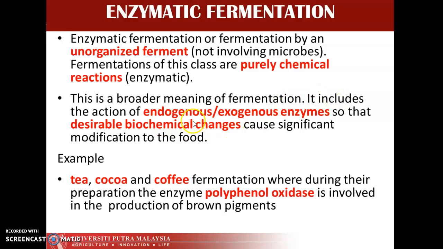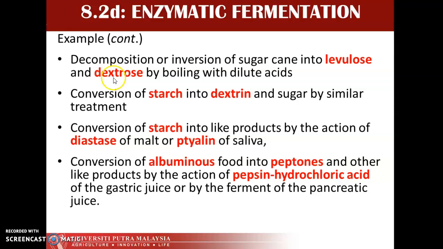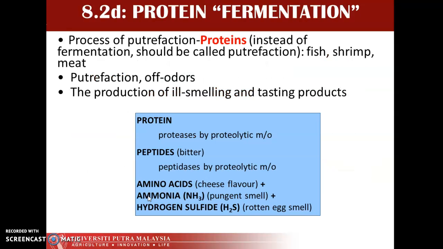It includes the action of enzymes so that desirable biochemical changes cause significant modification to the food. Other examples can be the inversion of sugar, conversion of starch into dextrin by chemical treatment, conversion of starch by enzymes, conversion of albuminous food into peptones by gastric juice, which is also a cocktail of enzymes.